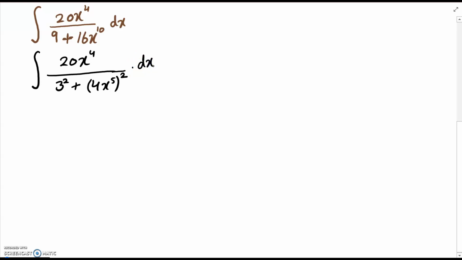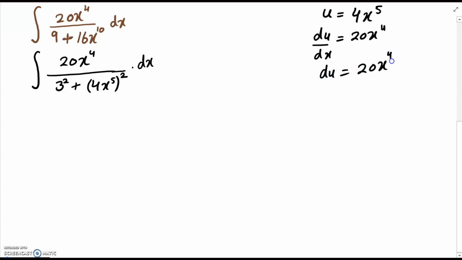Okay, now again, most of the time whatever you have in the parentheses, that is the value of u. Let's substitute here. So u is equal to 4x to the power of 5, and now du is equal to 20x to the power of 4 dx.